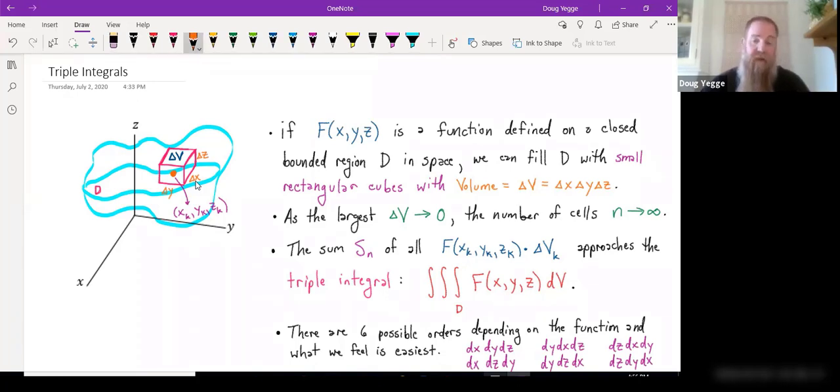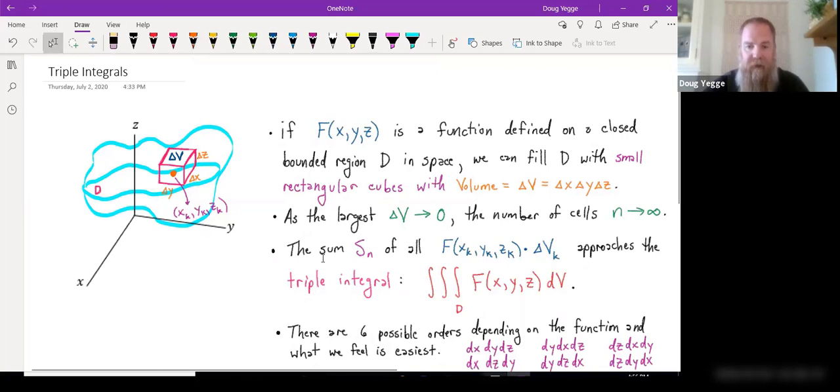It depends on the function; we would probably pick the variable first that's going to be the easiest to integrate, or whatever we just feel is going to be the easiest of them. So we could integrate dx, dy, dz, or dx, dz, dy, or of course dy first or dz first, and so on. So that's why we have 6 different options, other than when we were doing double integrals, we only had 2 options, either dx dy or dy dx.